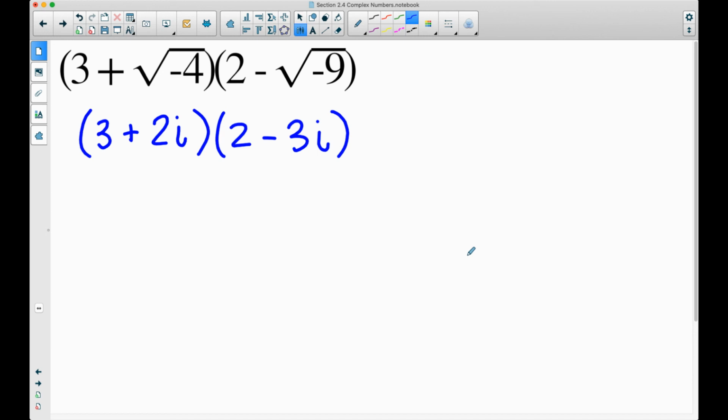Other than that, like I said, if I give you an addition problem, if you want to, you can do it by hand. Whoops, that's supposed to be i.